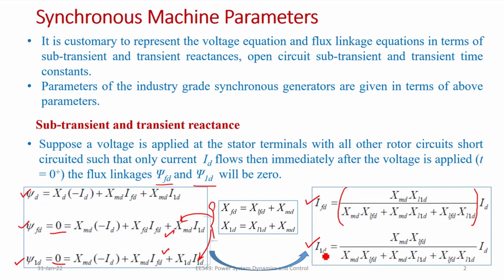When you eliminate IFD, you will find I1D in terms of ID multiplied by some constant terms: xmd xlfd divided by xmd xlfd plus xmd xl1d plus xlfd xl1d, into ID.